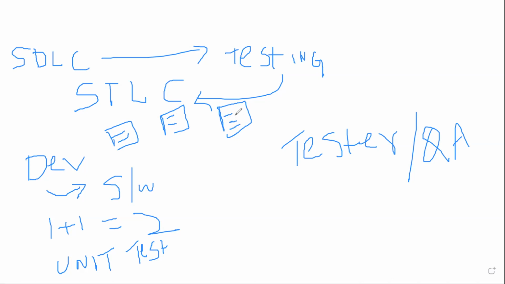Whatever output is given by the first program becomes the input for the second one, and the output from the second one becomes the input for the third. So they need to test the communication between these modules or programs. That is called integration testing.